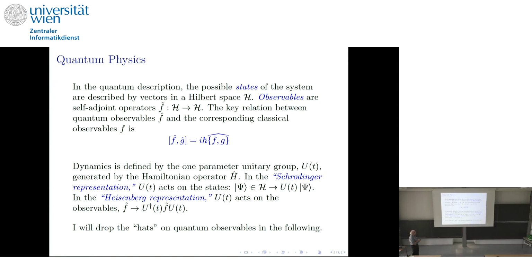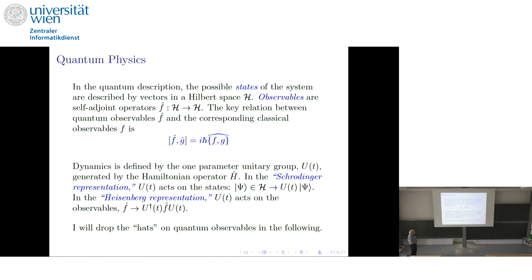The states now are described by vectors in some generally infinite dimensional Hilbert space, a structure quite different from phase space. We'll be revisiting this as a kind of foundation of quantum mechanics shortly, but for now, this is what you'll certainly find in textbooks.